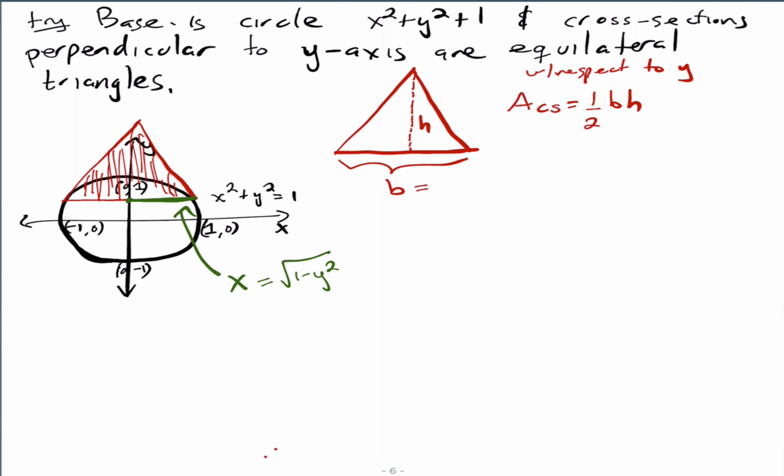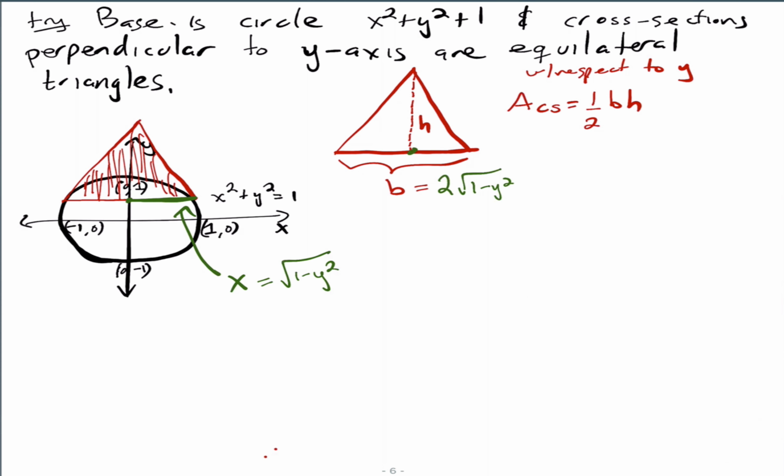Times 2, right? So the base of the triangle is 2 times the x value, which is the square root of 1 minus y squared. Does that make sense? Yeah, exactly.